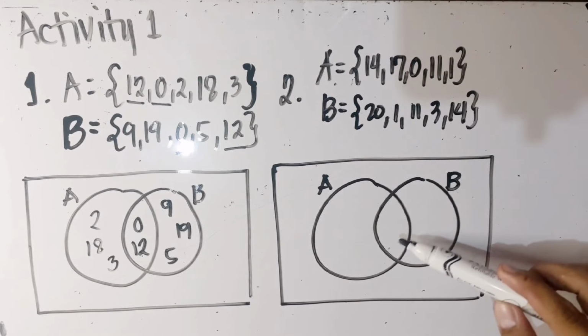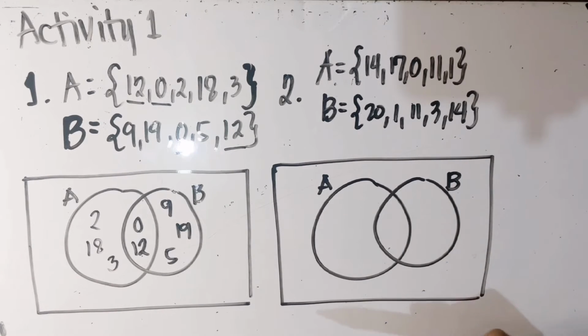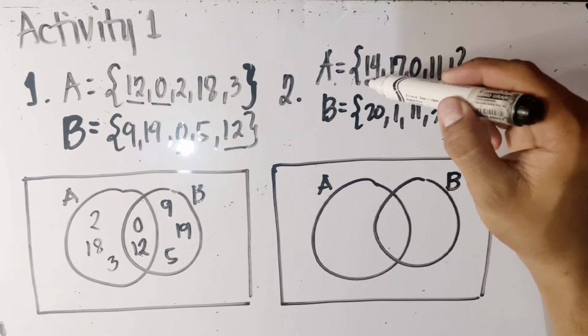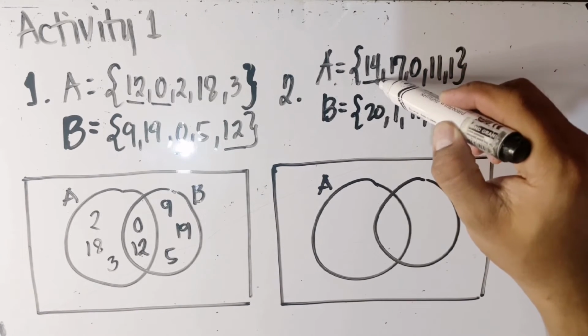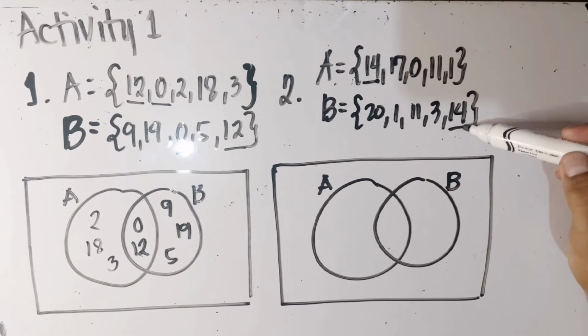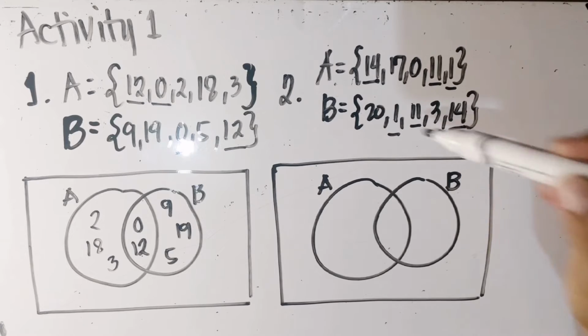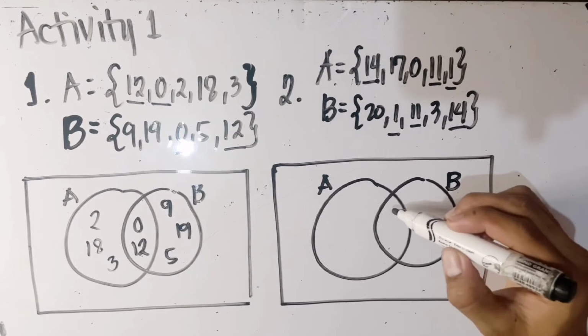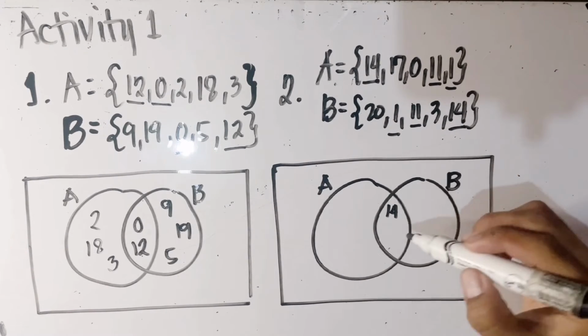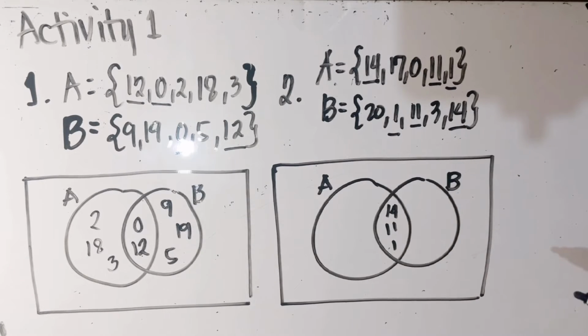Next, the middle part again is the intersection. Very good. And that is the repeating numbers or repeating objects or elements. And the repeating elements are 14, 11, and 1. So you will write 14, 11, and 1.